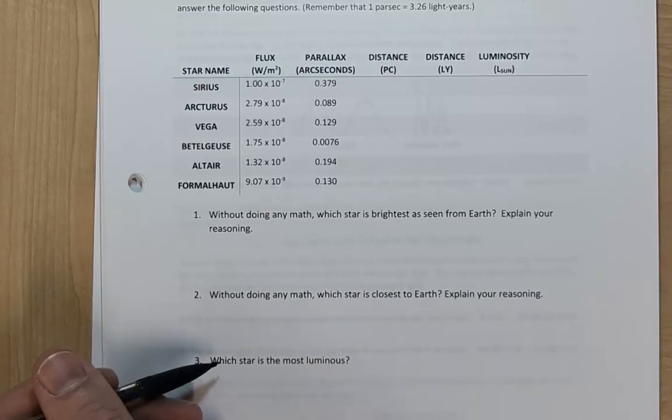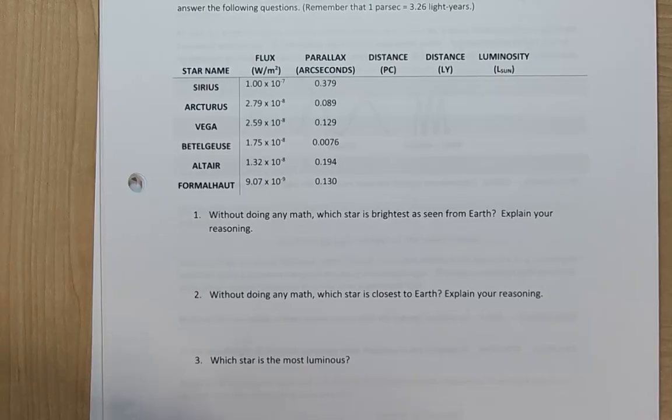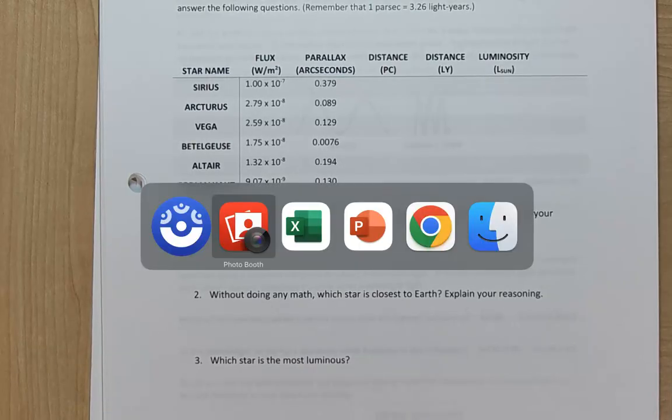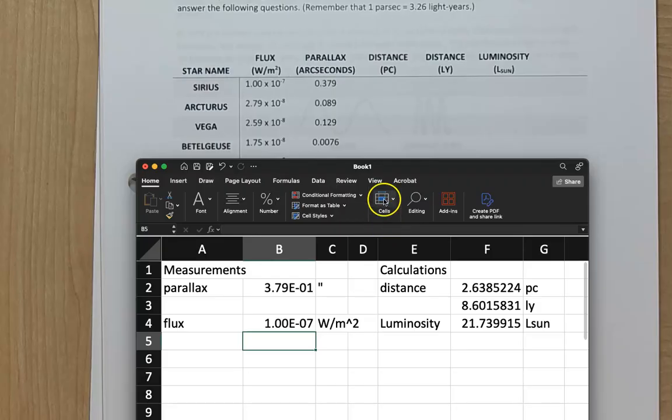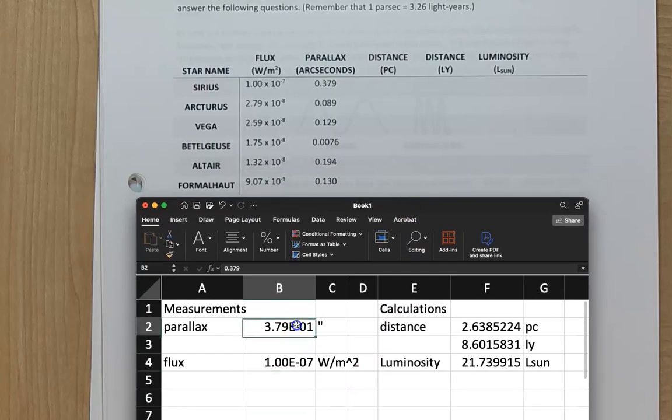All right. Which star is the most luminous? Well, now we need to actually do the math. So pull out our handy-dandy spreadsheet to do this for us. I already got Sirius set up here. Sirius has not 0.03, 0.379.